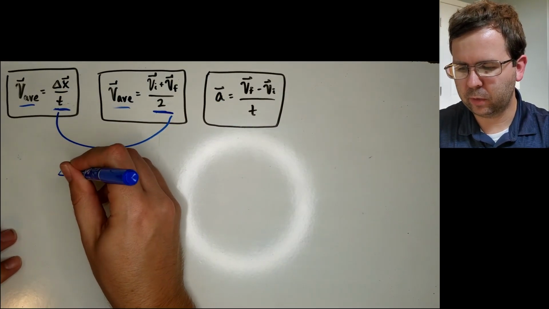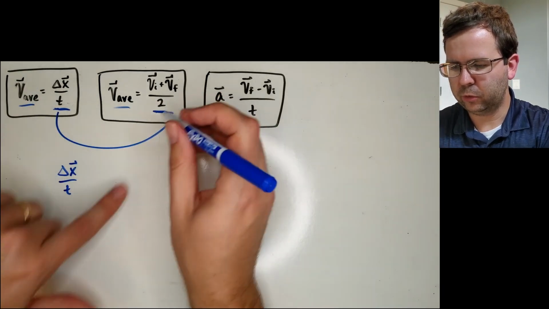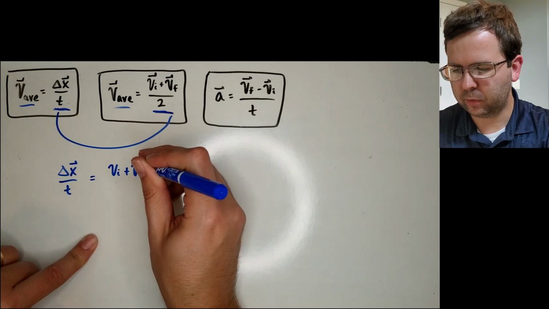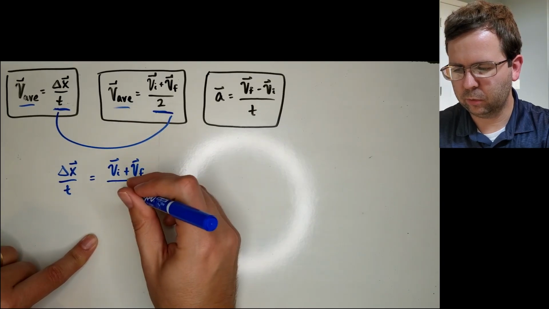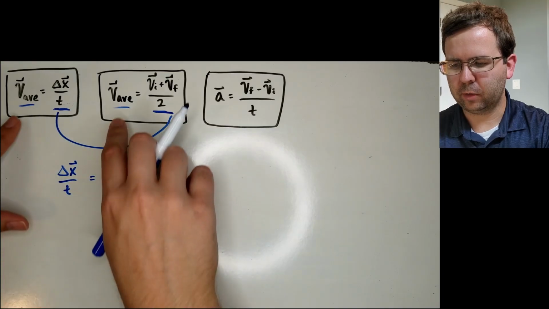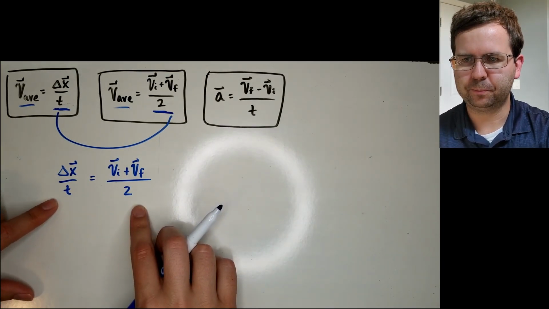So what I mean is, we can say delta x over t is equal to the initial velocity of an object plus its final velocity all over 2. And by putting these two together, I've eliminated the average velocity term, and now I just have this algebraic equation.